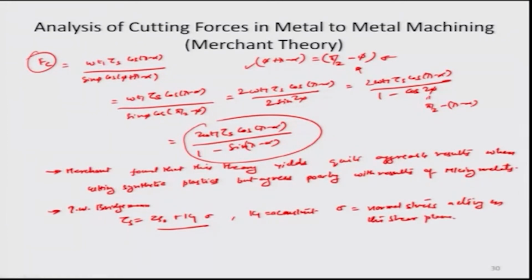Let us just write this down. So, if I just substitute this value here for the tau s value, there will be some modifications which would happen to the overall equation.